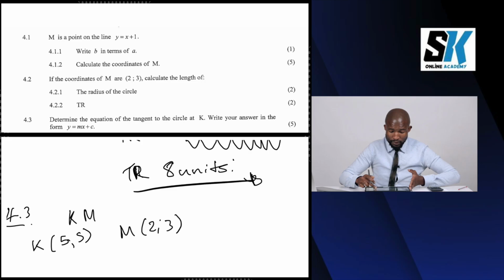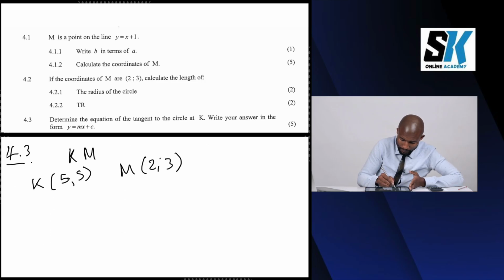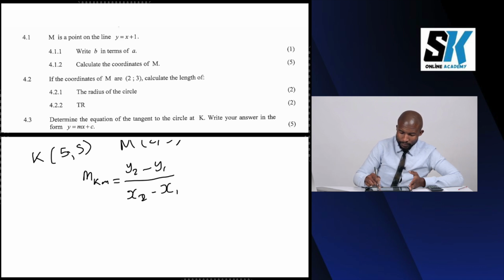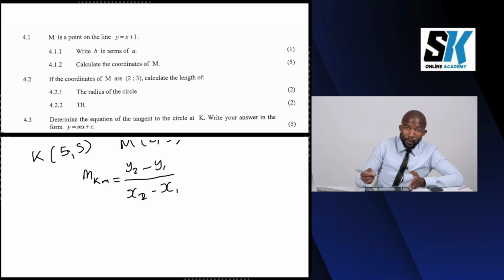So let's work on that to get the gradient of KM. The gradient of KM is going to be y2 minus y1 over x2 minus x1. So my K will be 1, then my M will be 2. So it's 7 here.